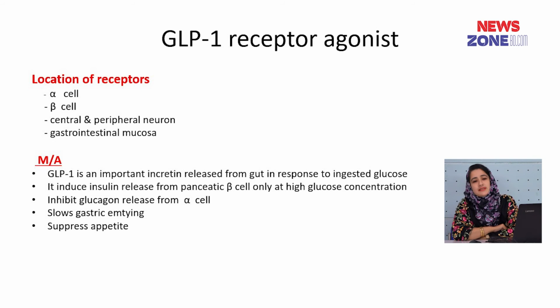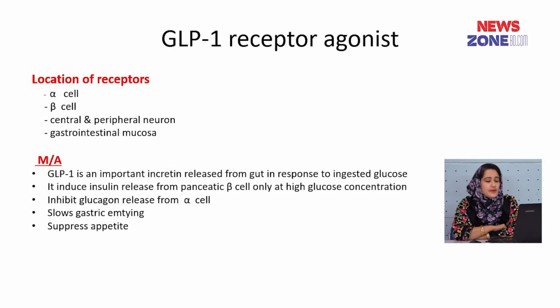Now, I am going to discuss some newer anti-diabetic drugs called GLP-1 receptor agonists. The receptors are located in the alpha cell, beta cell, central and peripheral neurons and gastrointestinal mucosa. What is the mechanism of action of GLP-1 receptor agonists?